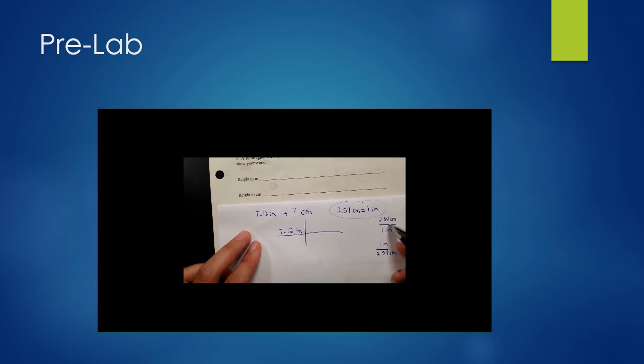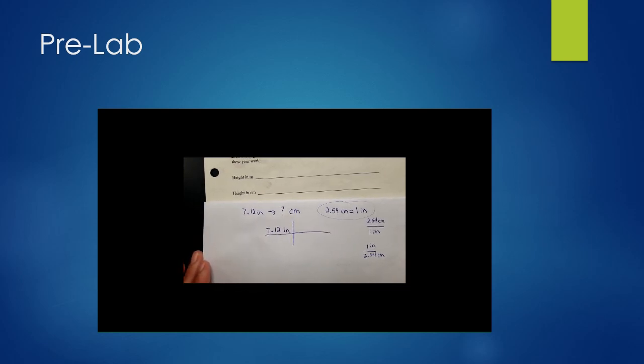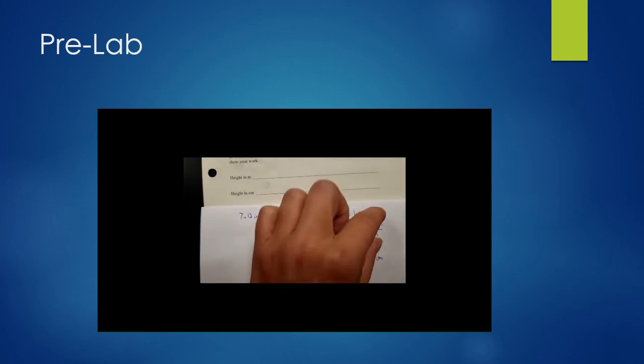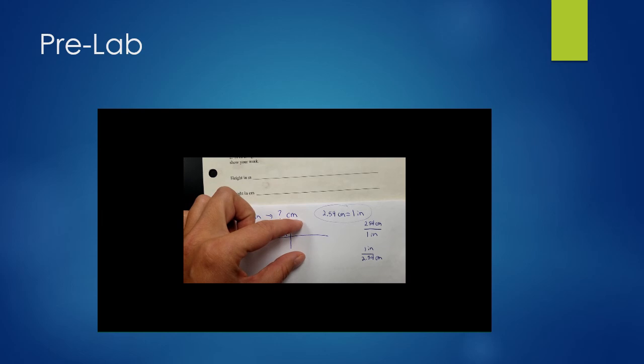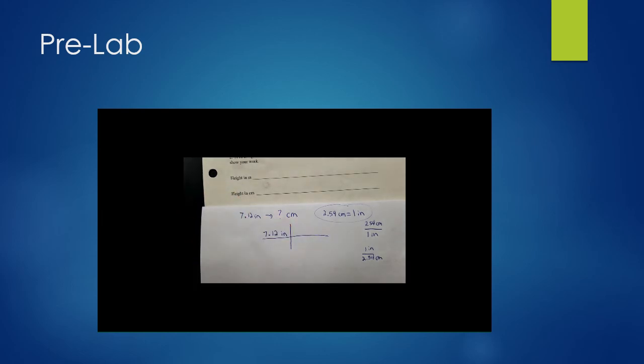So I have to figure out which one of these two ways is going to work to put here. So imagine picking these up and putting them in this empty space. Now the key is that since inches is in the numerator here, you want inches to be down here in the denominator so that they're on opposite sides of this horizontal line so that they cancel.